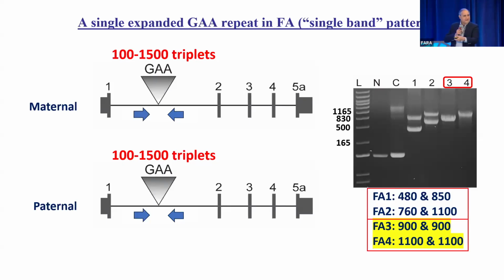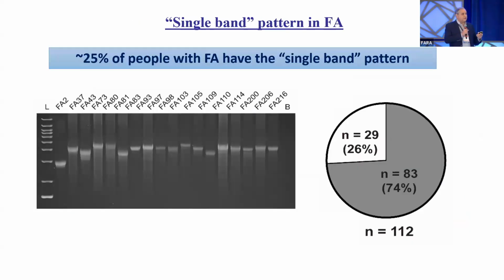And so we were kind of intrigued by this, and we wanted to know how many people have this type of pattern. Working with Dave, we screened 112 unrelated people with FA and found a quarter of the people have this type of pattern. Look at that, so many people with just one band, and that didn't sit right with us, okay?